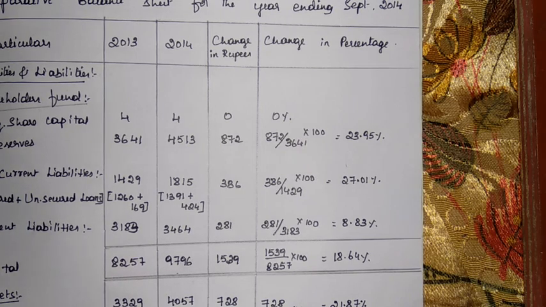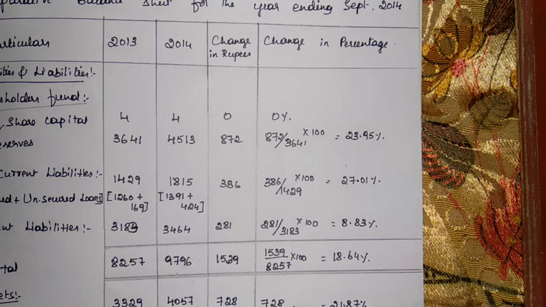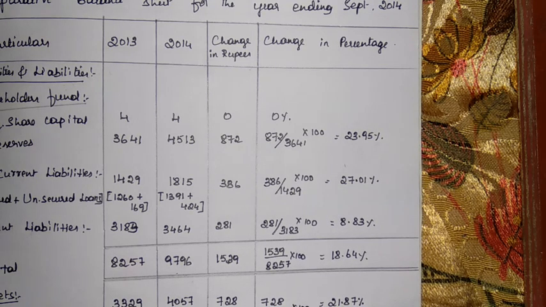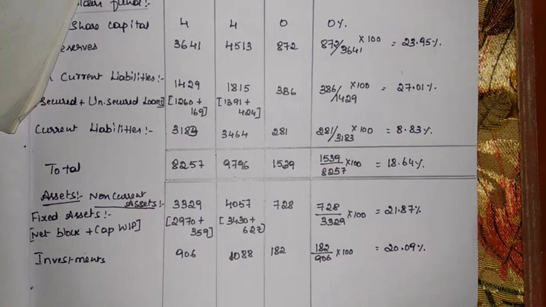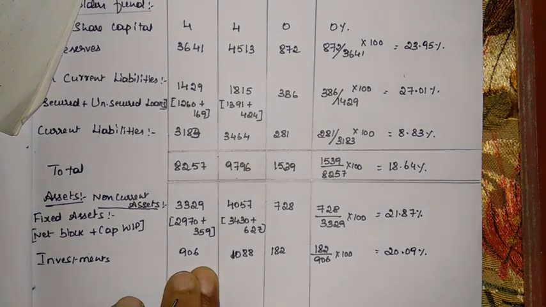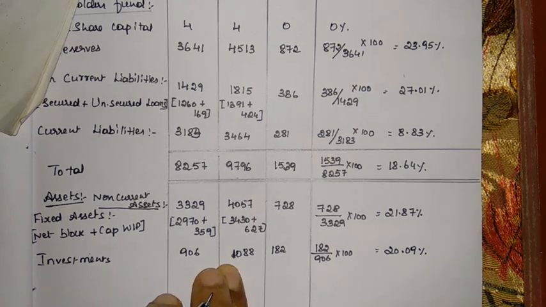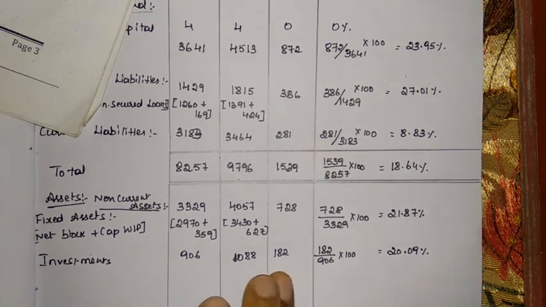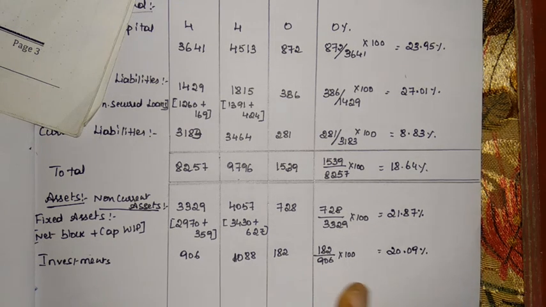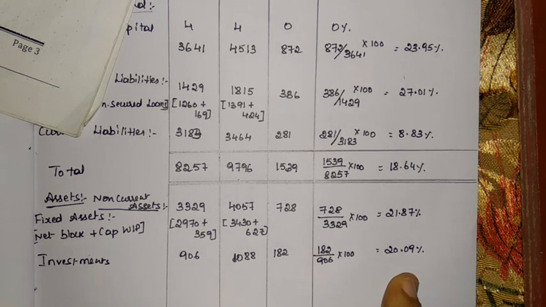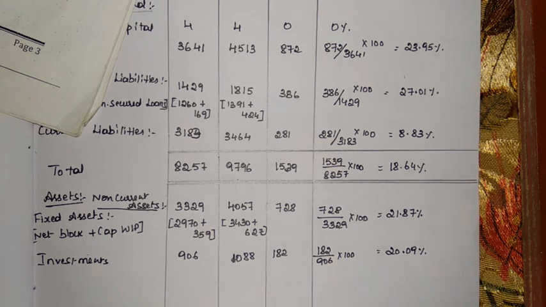Net block and capital work in progress in the base year was 3,329 and in the current year 4,057. So there is a positive change in the fixed assets, that is 728. In percentage it is 21.87%. Fixed assets increase. Second is investment: 906 in the base year, 1,088 in the current year, an increase of 182 rupees and in percentage 20.09%.